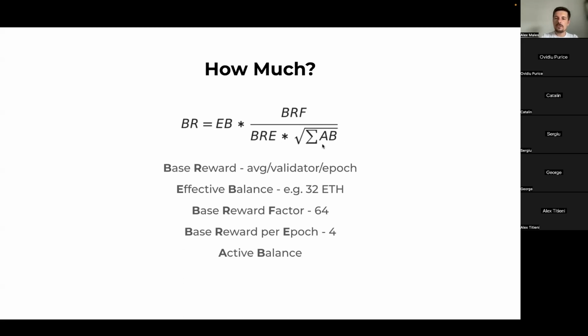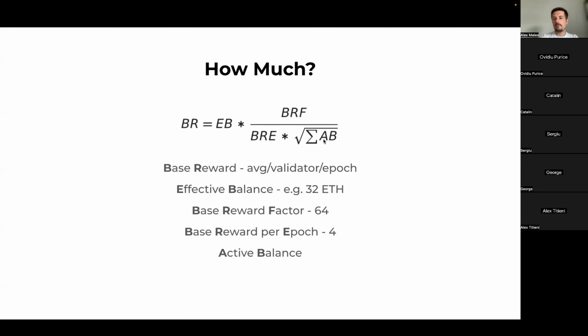And in order to not allow this to be linear and decrease the base reward linearly, they put the entire staked amount under a square root, and we'll take a look at that later.